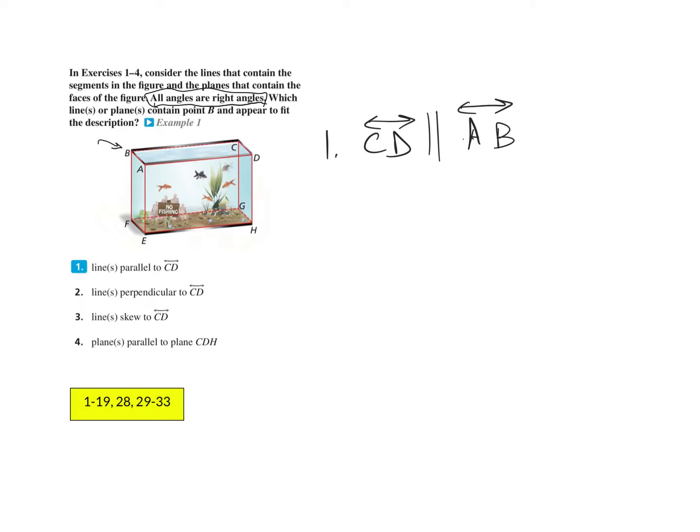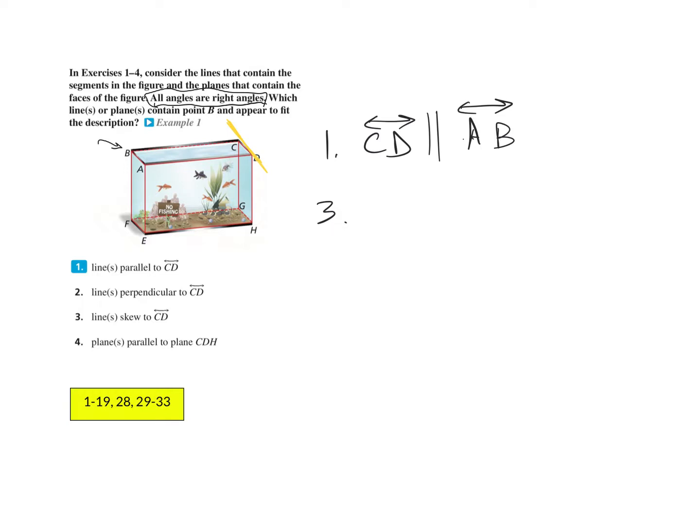All right, so number 3, lines skew to CD. So skew to CD means that they're not parallel and they don't intersect. So if we look at CD, we need a line that's not parallel that includes point B and is skew to CD.